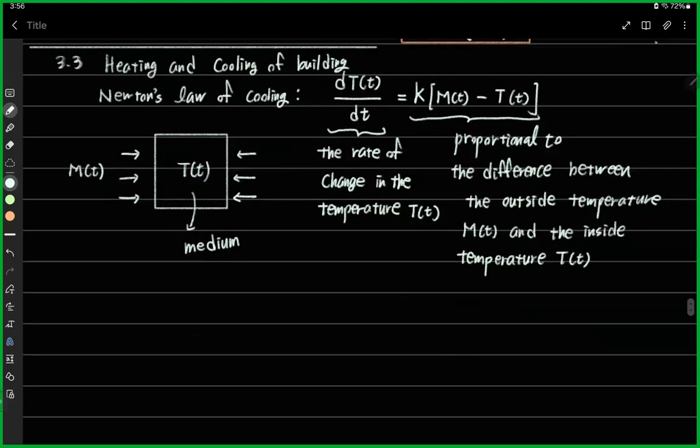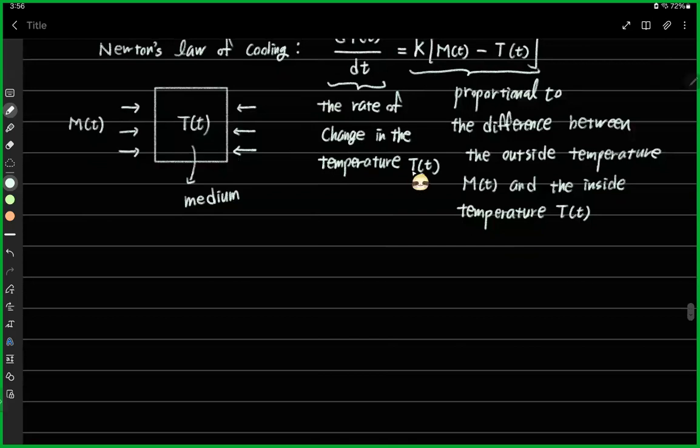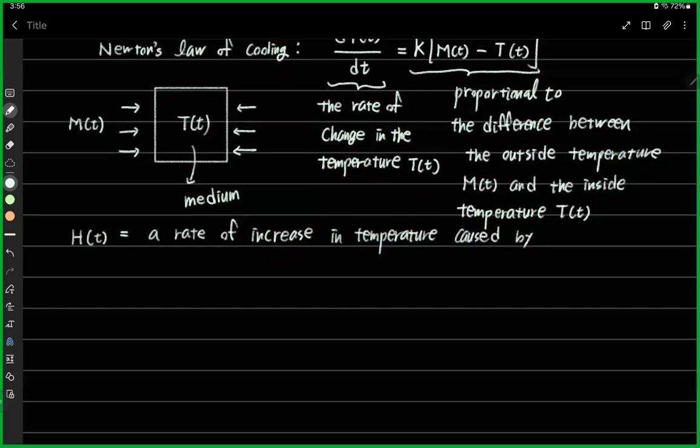So I introduced T, right? And then there is another one, H of T. That's the rate of increase in the temperature caused by people, or light bulbs, right? Lights and machines.